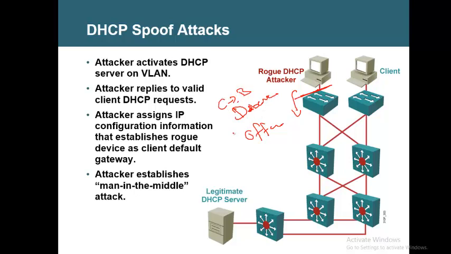Offer is also sent as a broadcast by the server. So before the legitimate offer comes, this comes quick. So what this client machine will do, it will prefer the one which came early.